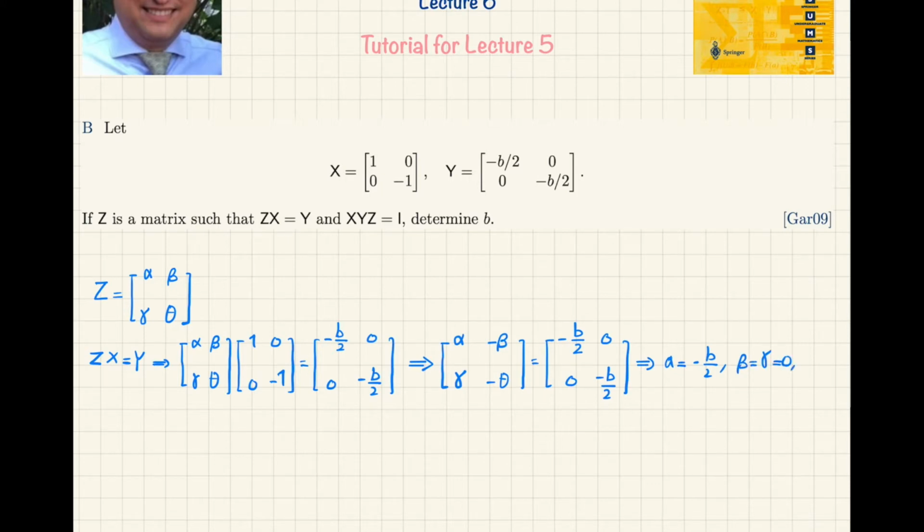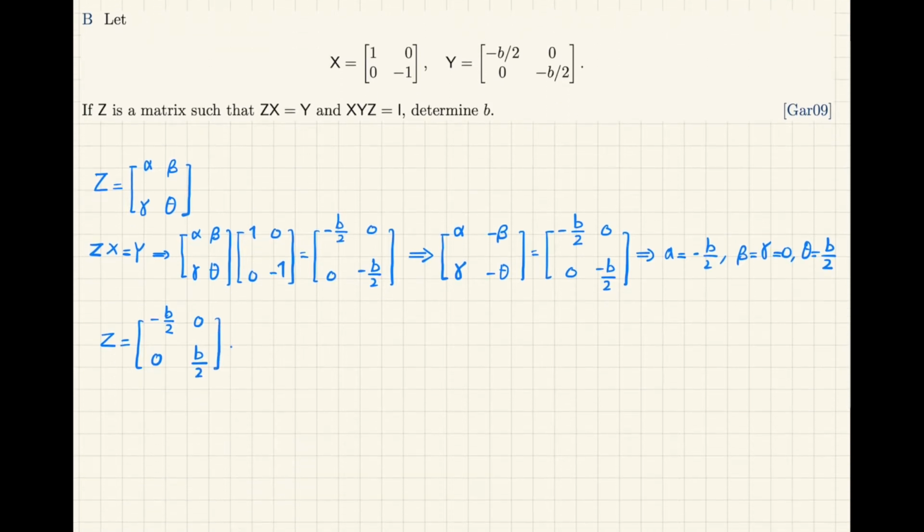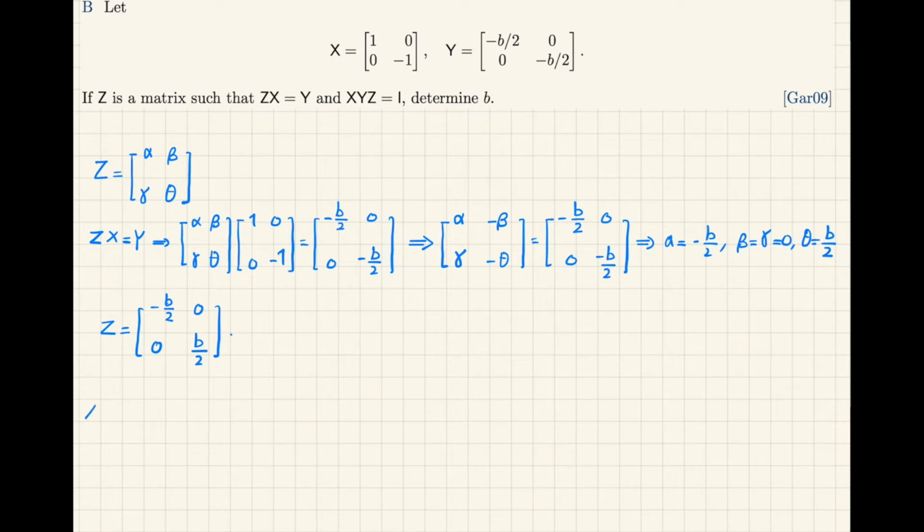Then theta is equal to b over 2, because minus theta is supposed to be minus b over 2. So finally the matrix Z that I was looking for has this form: alpha is minus b over 2, beta and gamma are both equal to 0, and theta is equal to b over 2.